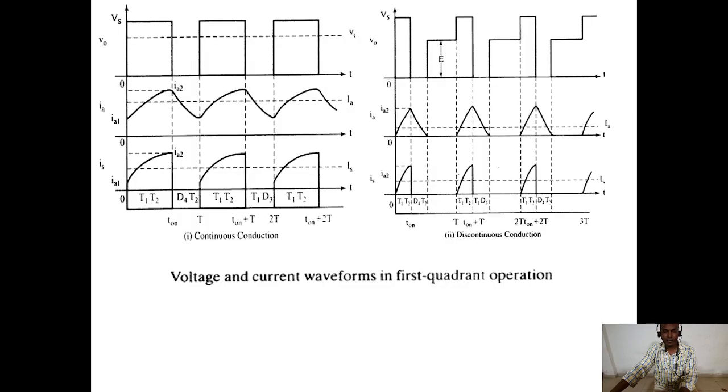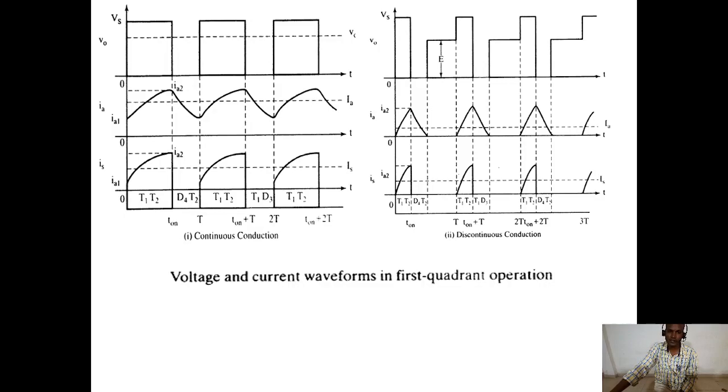Now coming to the waveform sequences. For every quadrant operation, we have two sequential things: one is the continuous conduction mode and the other is the discontinuous conduction mode.